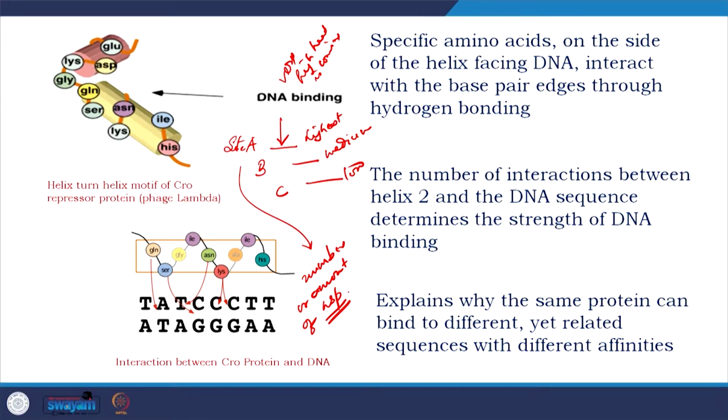So, this explains why the same protein can bind to different yet related sequences with different affinity, giving different signals. See how again nature plays smart: one protein, but different sites in the DNA. Which site it is binding to determines the signal about what the condition is.